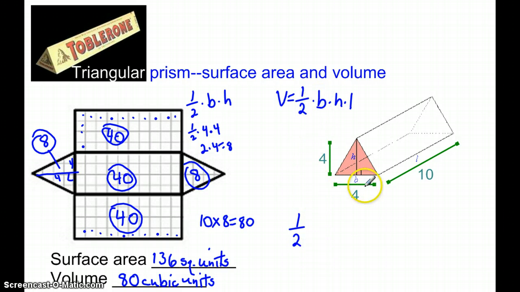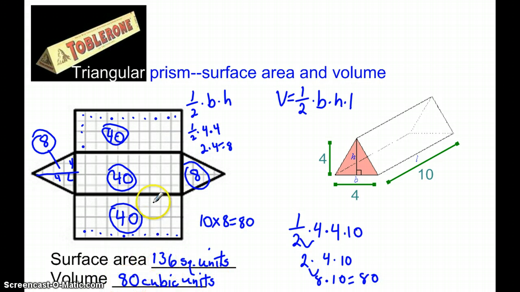Our base is 4. Our height is 4. Our length is 10. 1/2 of 4 is 2 times 4 times 10. 4 times 2 is 8. 8 times 10 is 80 cubic units.